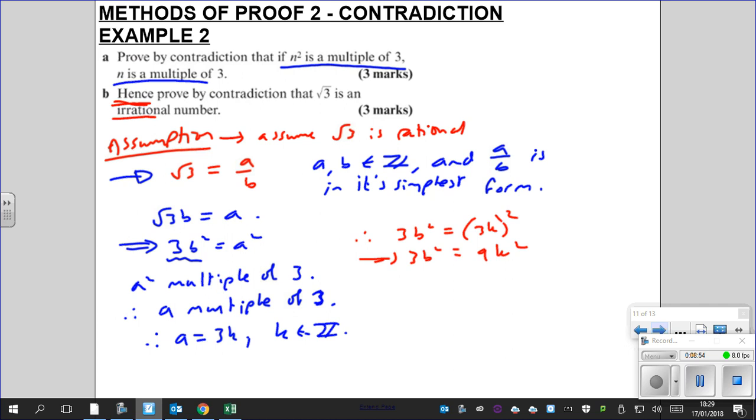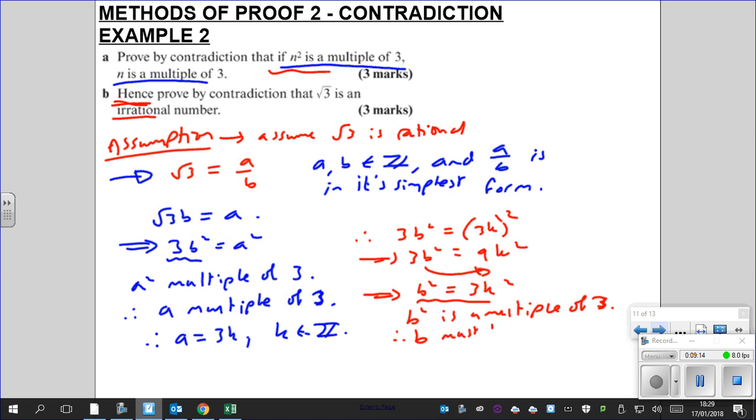If I divide both sides by 3, because now I'm investigating b, b squared is 3k squared. Again, b squared is a multiple of 3. And we just said from above that if b squared is a multiple of 3, then b must be a multiple of 3.